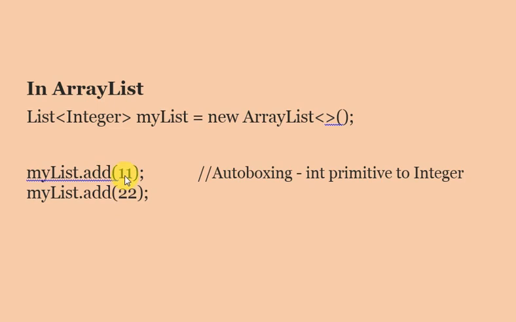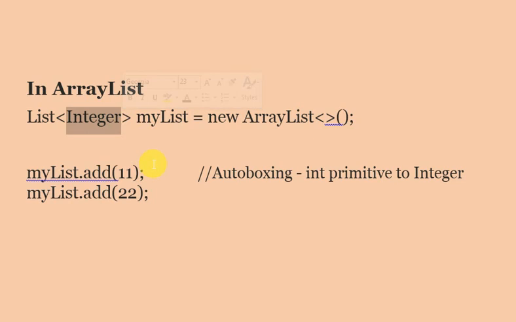But this 11 and this 22, these are not objects. These are like integer values, like int values. So in this case, this int 11 is automatically converted or upgraded to its relevant wrapper class, which is Integer, and it is done automatically, implicitly.